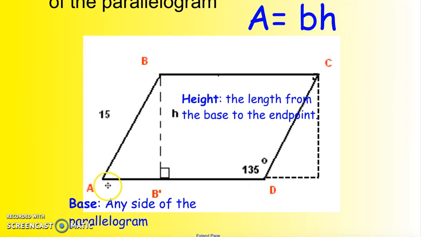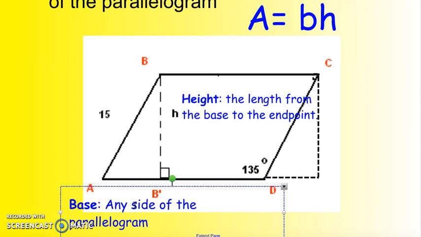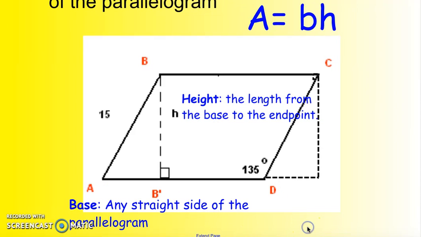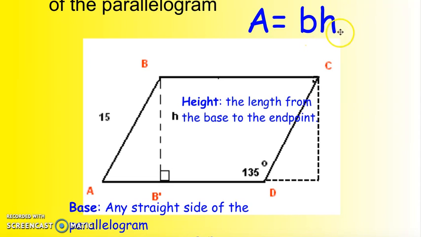It could be this side or it could be the other side that's parallel to it because they're both equal. So it really doesn't matter which side it is. It is not a diagonal. It has to be one of the flat, straight sides. I meant to say any straight side of a parallelogram. So we're going to do base times height. Notice they're right next to each other, so we're going to be multiplying.